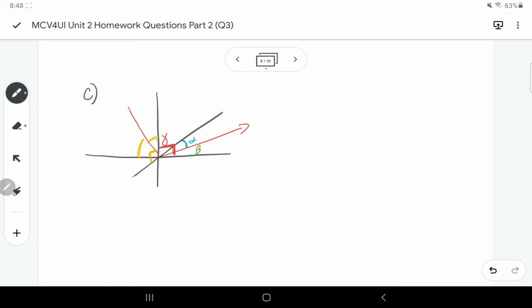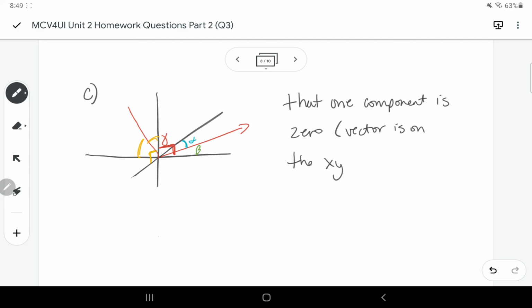So the condition would be that one component is 0. So the vector is on the xy or yz or xz plane.